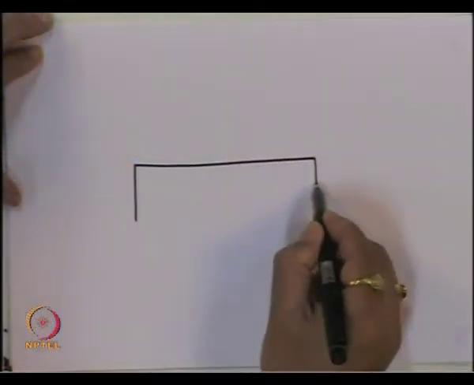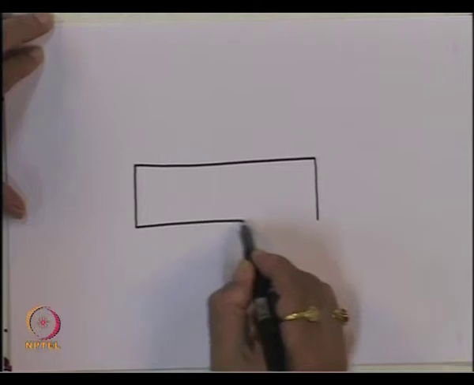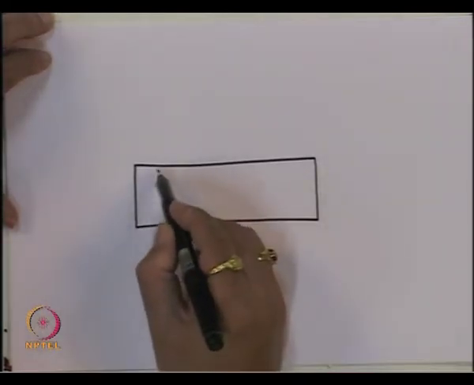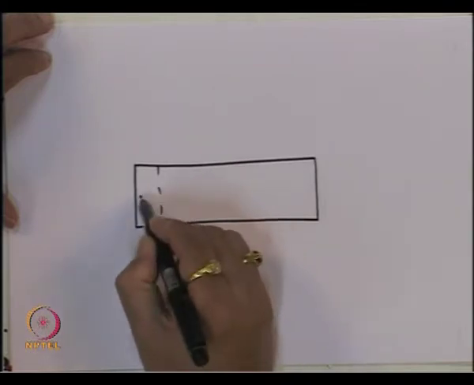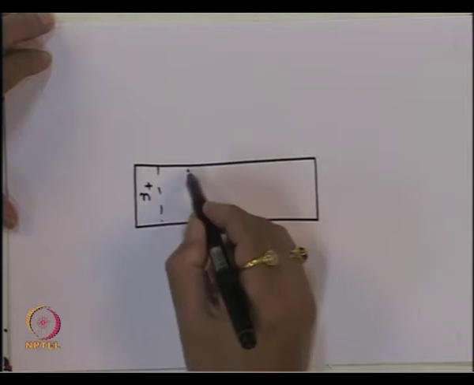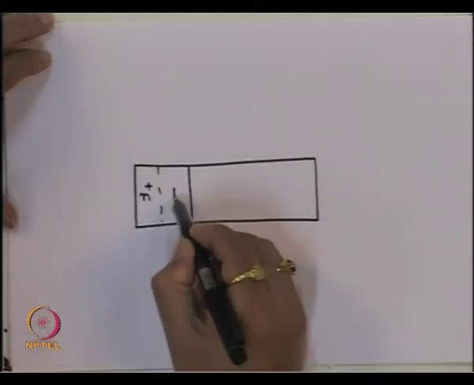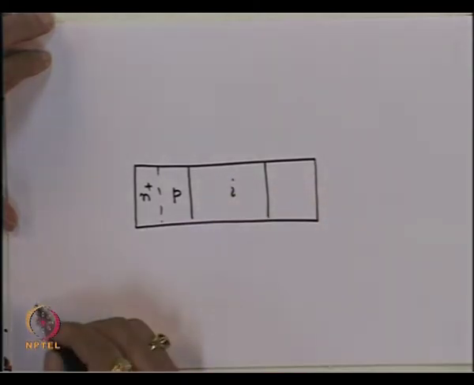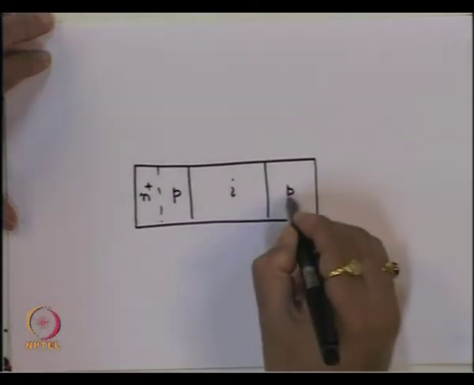So, in avalanche photodetector device, essentially the configuration is as follows. We have now a region, let us say this is the N plus, then you are having a region here which is P, then you have region I, and this is P plus.